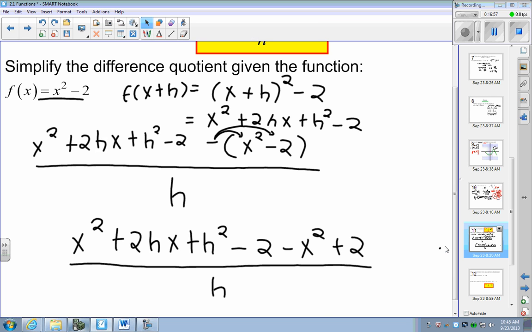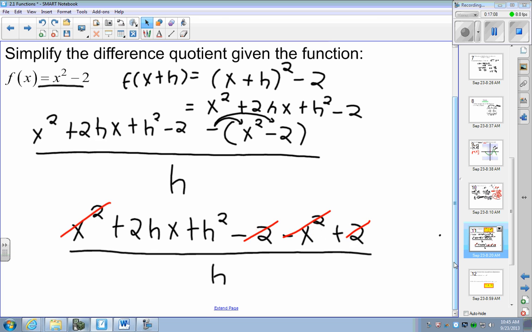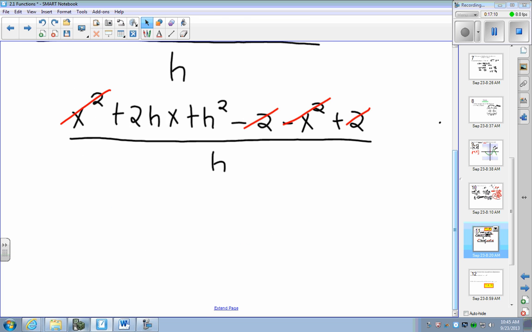All right, now that we've gotten to this point, we can get rid of this x squared and this x squared, they cancel each other out, and those 2's. And now what we're left with is 2hx plus h squared all over h.